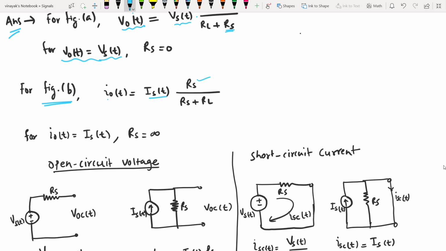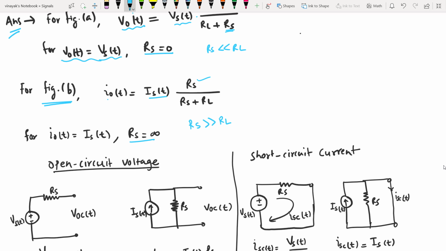But usually that doesn't happen. We don't have Rs equal to 0 in the case of a voltage source, and we don't have Rs equal to infinity in the case of a current source, because of practical limitations. So the design approach should be such that in the case of a voltage source, Rs has to be very much less than RL. And in the case of a current signal source, Rs has to be very much greater than RL.